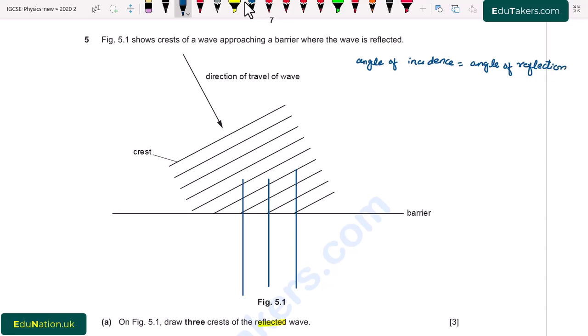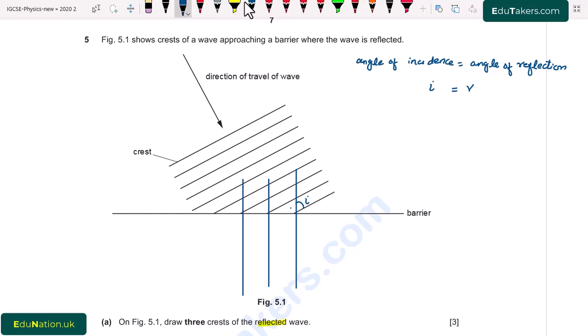From here in the figure, it is the angle of incidence. I represent it with I and the other with R, and on the other side there is the angle of reflection. But both of these angles must be equal. So the angle of reflection may be at this point when both of these are equal.